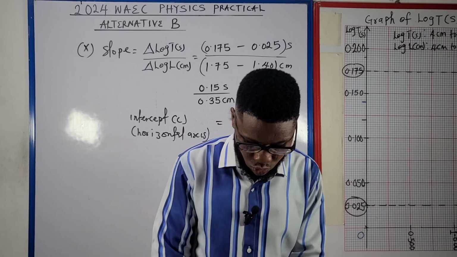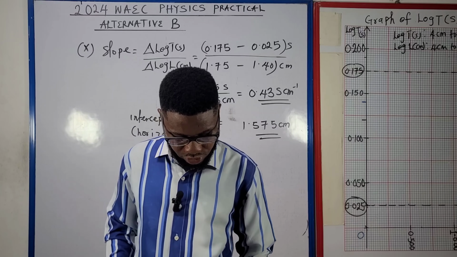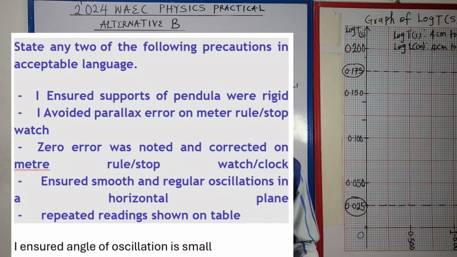So the next question, we were told to state two precautions taken to ensure accurate results. As you can see on your screen, there are about 4 or 5 precautions. You avoided and corrected zero error on the stopwatch.